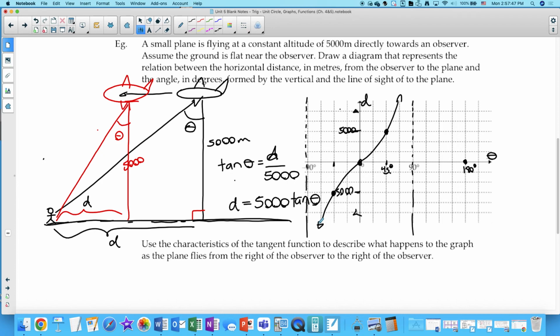I don't know. I think what I wanted to talk about is what happens when that plane is right over the observer.